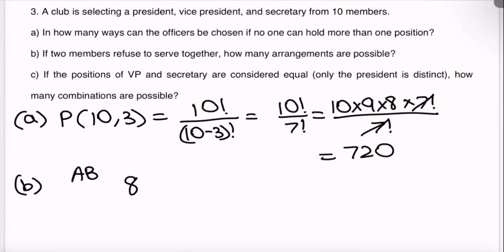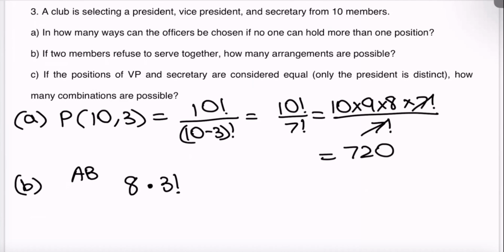And also, A and B and any of the 8 other people could be arranged in 3 factorial ways, right? Because once again, we have a president, vice president, secretary. So I'll be multiplying that by 3 factorial in order to account for the fact that there are indeed 3 ways for A, B, and whoever the third person is, who could be one of 8 people.